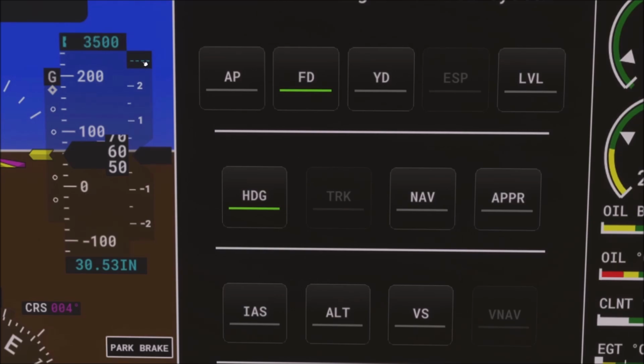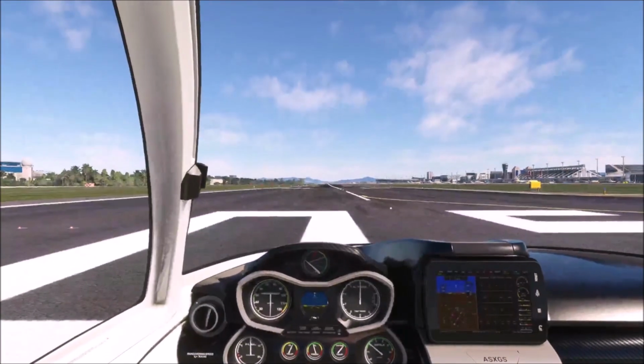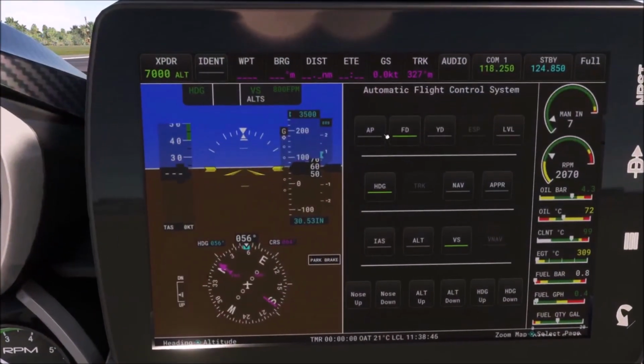And here is the rate of ascent, let's say a rate of ascent, something steep, about 800 feet will be just fine. Which means that the autopilot is not engaged and we have on standby mode the heading of the runway, our altitude, which will be 3,500 feet, and a rate of ascent of 800.